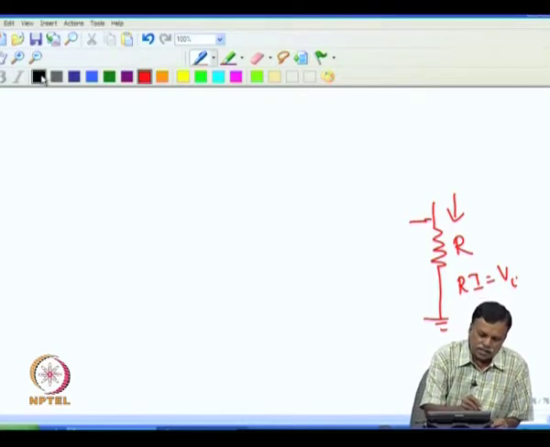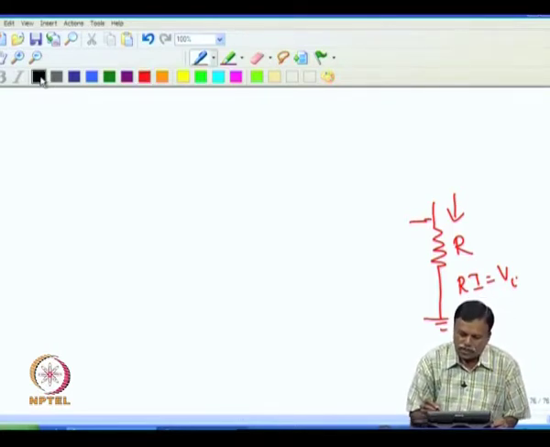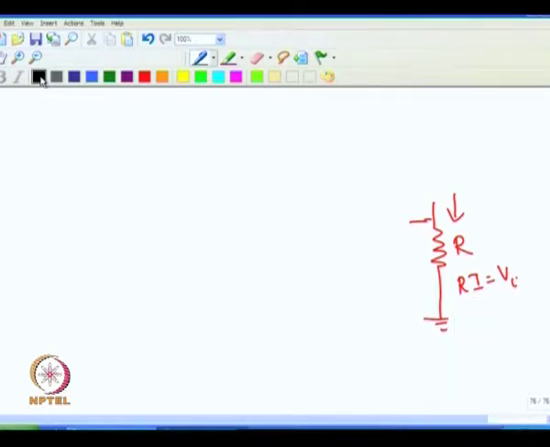In that case we have to have a reference, and then another transistor to be switched off. Now, this function can be achieved easily using a transistor without reverting back to the operational amplifier. The circuit is like this.